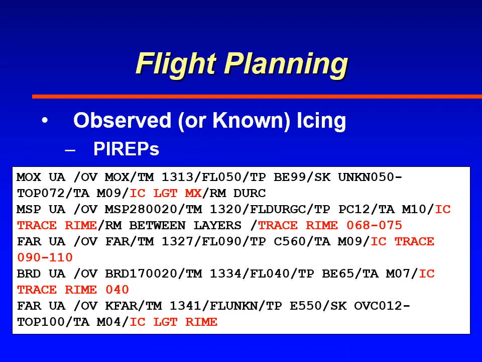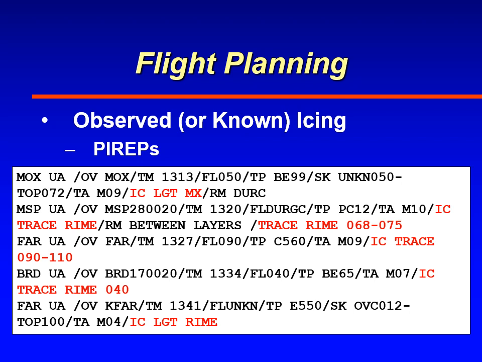Once you get a handle on the big picture, then you can start to look at the weather in more detail. And if you want to know where observed icing is occurring, then you probably have to look at pilot reports. Pilot reports are the only way that you know that there is icing in clouds. And remember also, the absence of pilot reports of icing does not mean that there is no icing in that area.